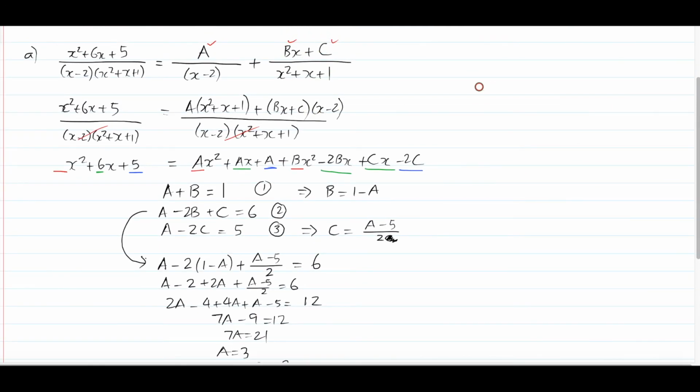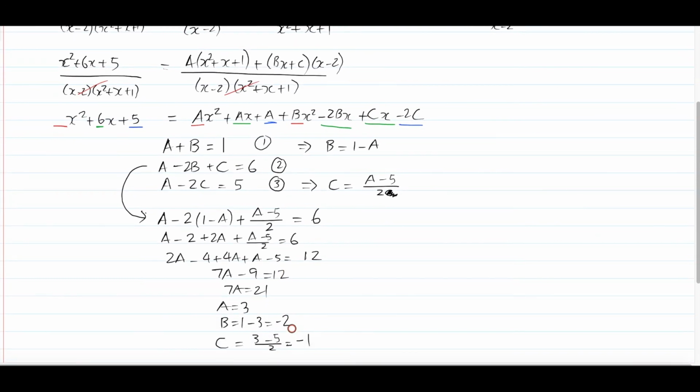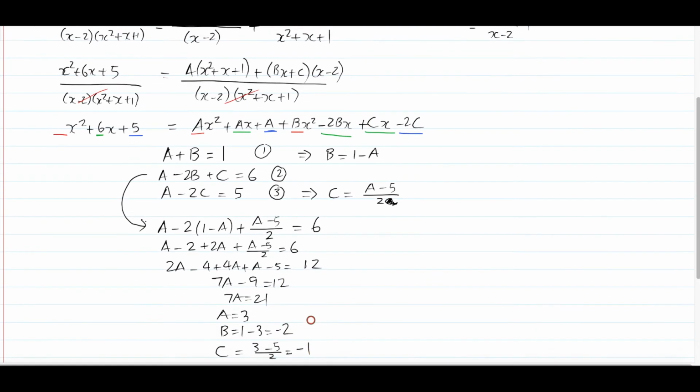So I'm going to write it on the right-hand side quickly. So x squared plus 6x plus 5 divided by this is the same as writing a, which we know is 3, divided by x minus 2, and then plus bx plus c. Now, b and c are negative 2 and negative 1 respectively.